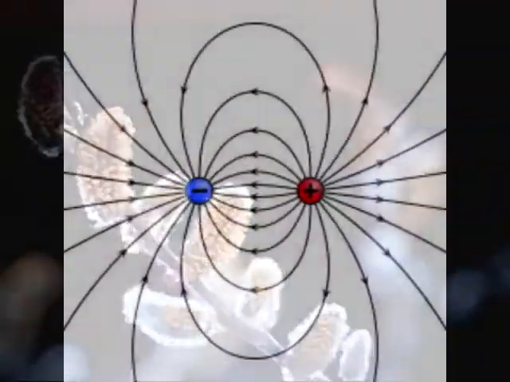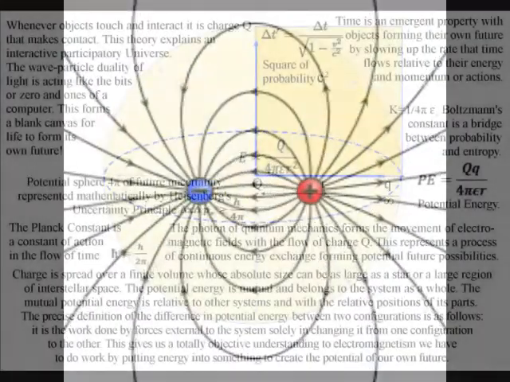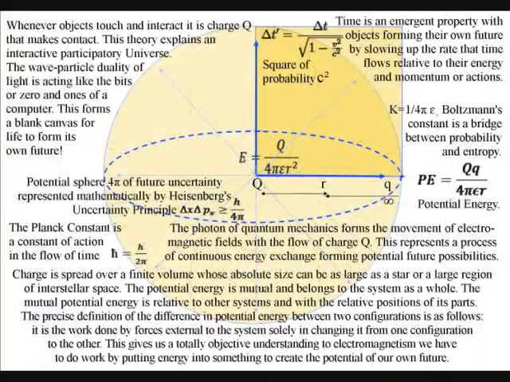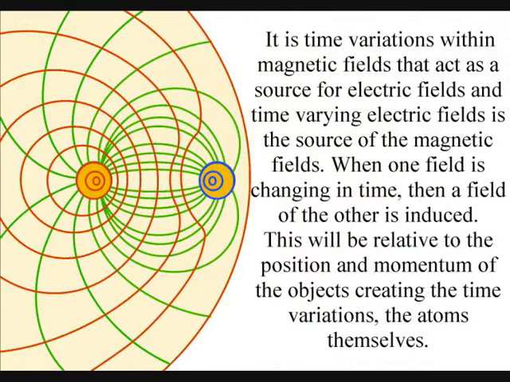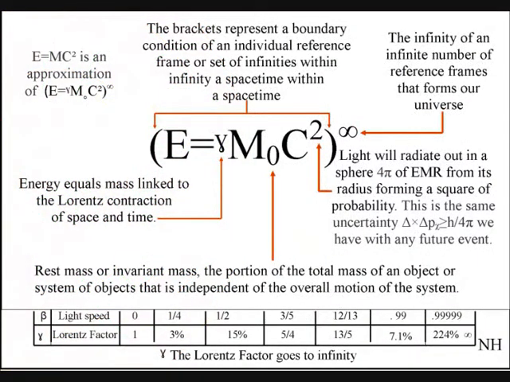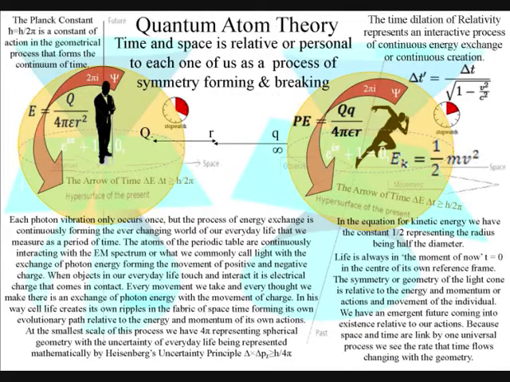In such a theory, we have an emergent future unfolding photon by photon, with the movement of charge and flow of electromagnetic fields. The brackets in the equation represent a dynamic boundary condition of an individual reference frame, with an arrow of time, or timeline, for each frame of reference.